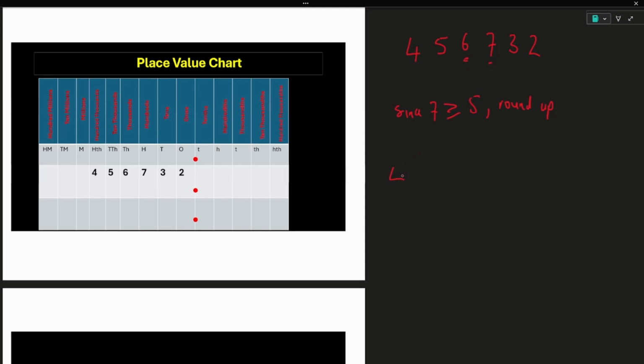Hence, 456,732 will be 457,000, which is our answer.